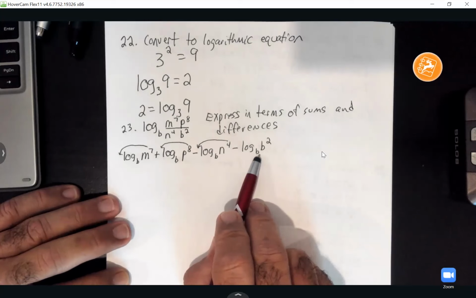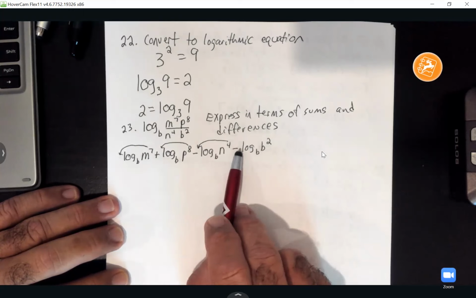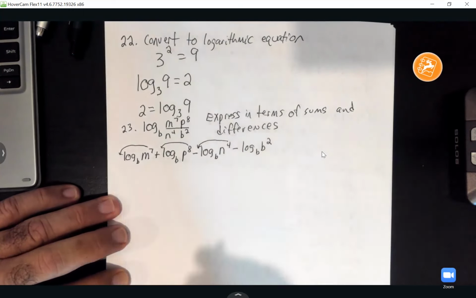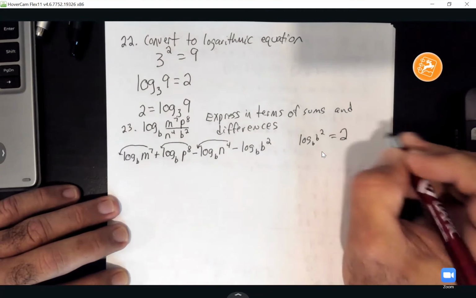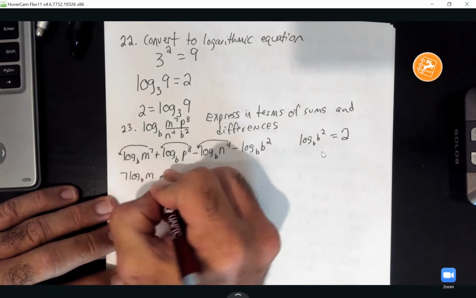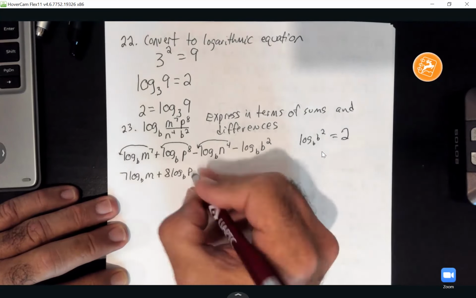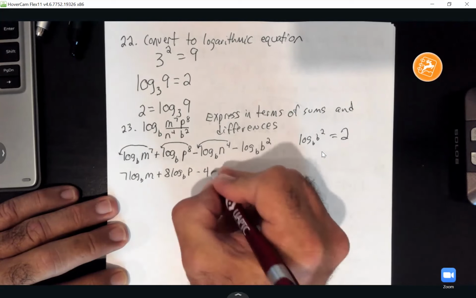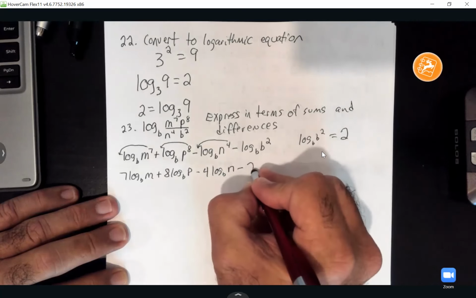Now this one, I really don't have to do that, do I? No, it's just a 2. Good job, because that log b of b equals 1. And when you move that 2 to the front, 2 times 1 was just 2. So y'all, good job. So just remember that right here. We know that thing equaled 2. All right, y'all, good job. 7 log b of m plus 8 log b of p minus 4 log b of n minus 2.